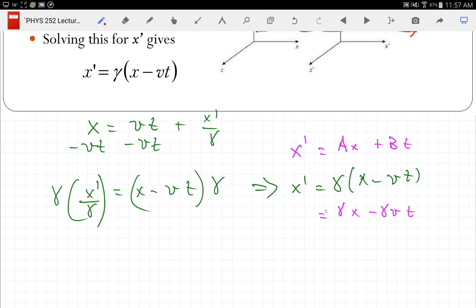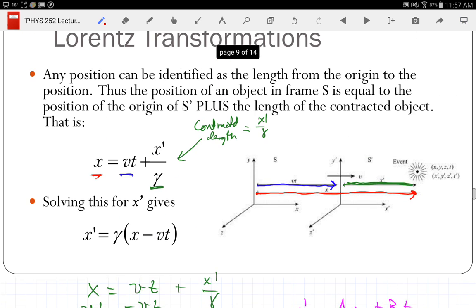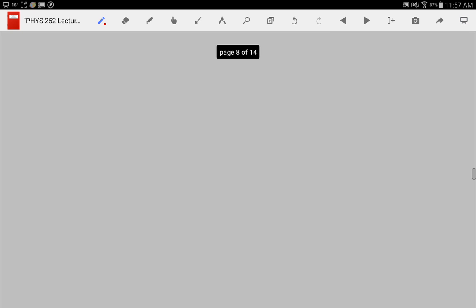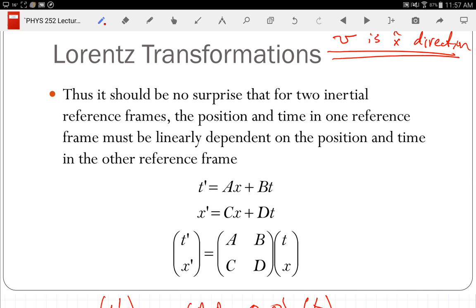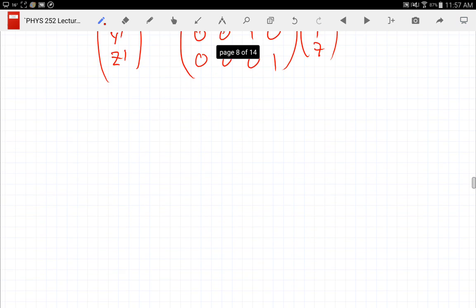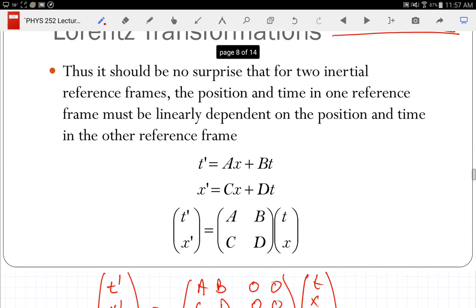So I can read off from here, there's my A value, and there's my B value. Put a plus there so that it doesn't look like I've messed up signs. So from my preceding page, I think that was, whoops, it was C and D. Okay, I'm going to still write them here.